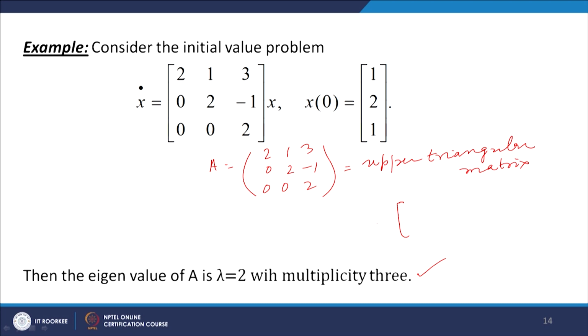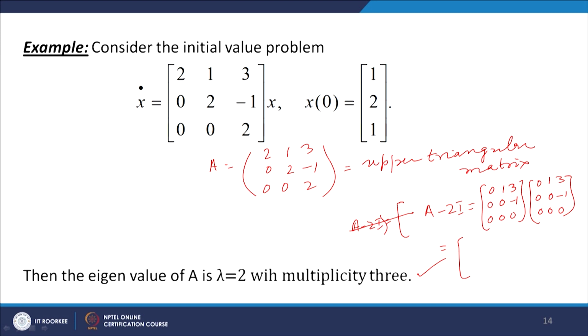So, A minus 2I whole square will give you what? Multiplying 0 1 3, 0 0 minus 1, 0 0 0 by itself: the first column is 0 0 0, the second column is 0 0 0, and then for the third column, 3 into 0 is 0, minus 1 into 1 is minus 1, and so on. The remaining entries are 0.